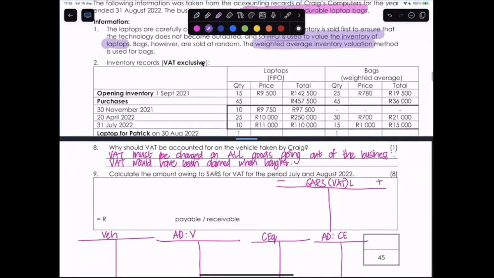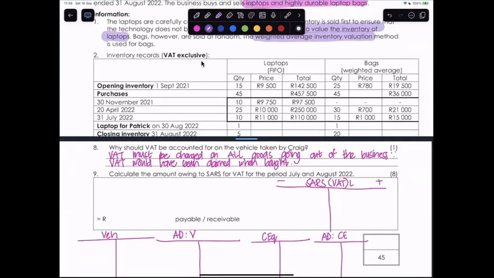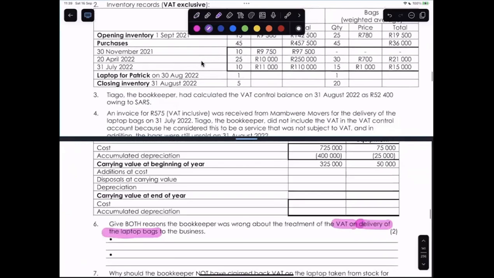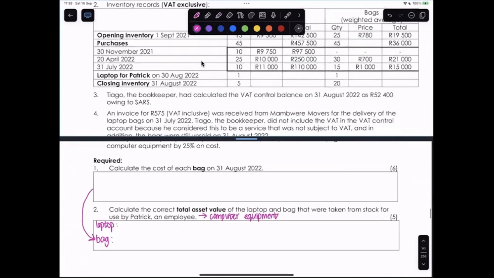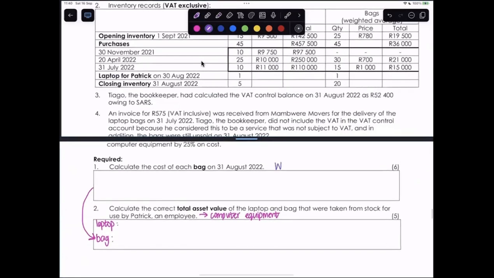Now, what I would do over here is immediately go to where I need to calculate the bags and make a note to remind myself that my bags are at weighted average. In other words, I'm going to look for the value divided by the quantity.